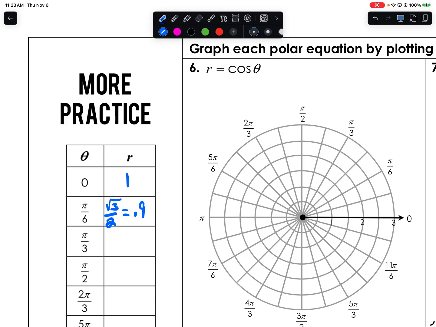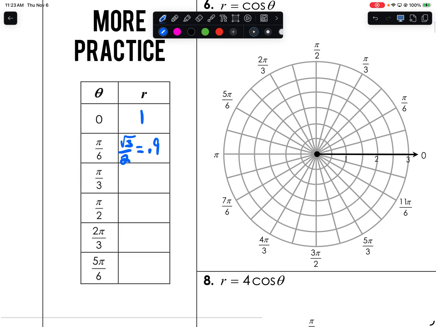So I'm going to write that decimal equivalent always because it just makes it easier to graph. Pi over 3, what's the x value? 1/2. Pi over 2, what's the x value? 0. 2 pi over 3, what's the x value? Negative 1/2. So I'm going to make that positive 1/2.